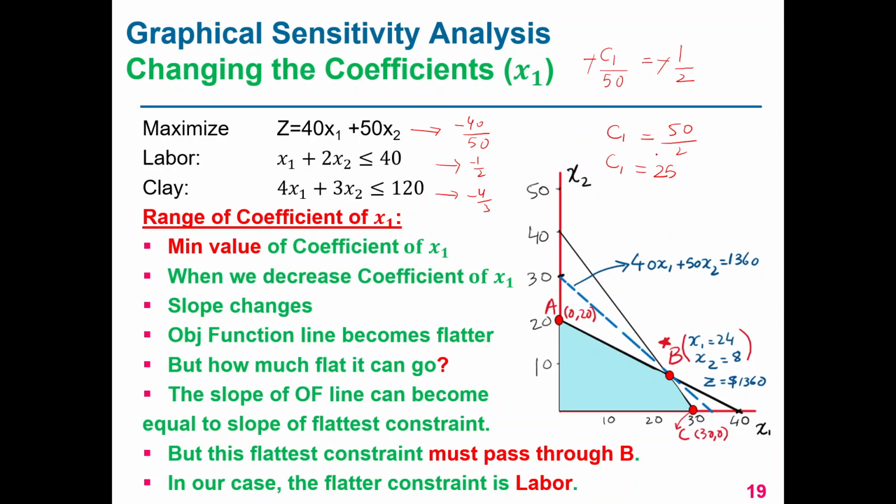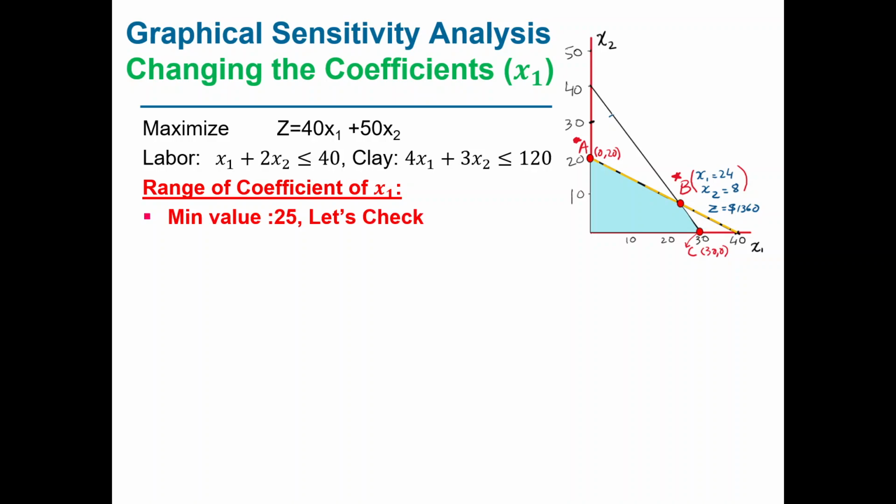So we found that the minimum value of the x1 coefficient is 25, and if we put 25 instead of the 40, we will still end up with point B as an optimal point. So let's check it, and let's replace the coefficient of x1, 40, with 25, and keep the x2 coefficient at its original value.